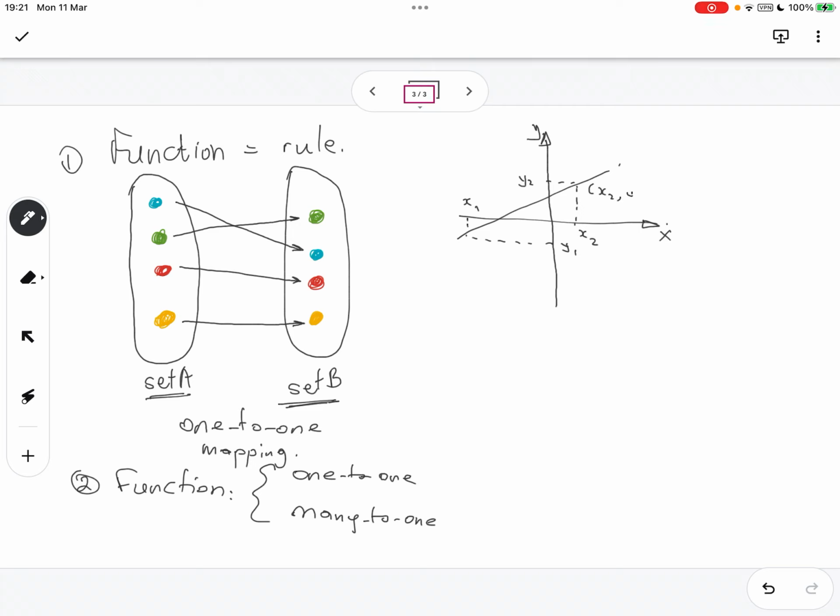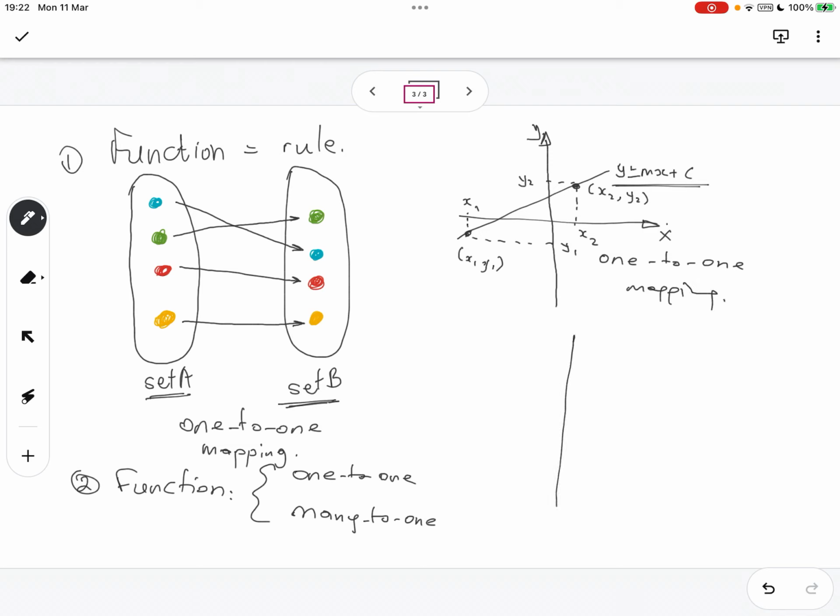So x2, y2, x1, y1. There is always one-to-one mapping for a straight line. So for every x value, via this rule, y equals mx plus c in the general case, each x value maps onto one unique y value. And this is called 1-to-1 mapping.